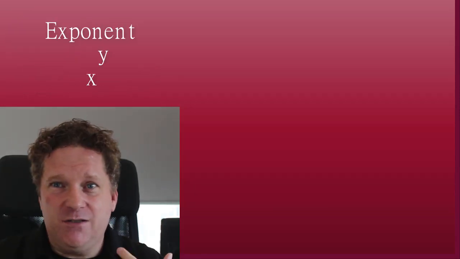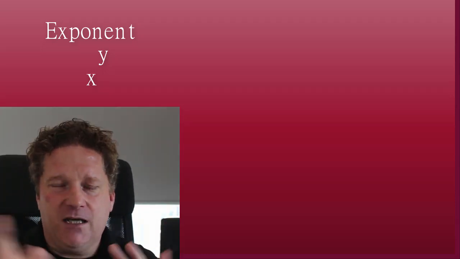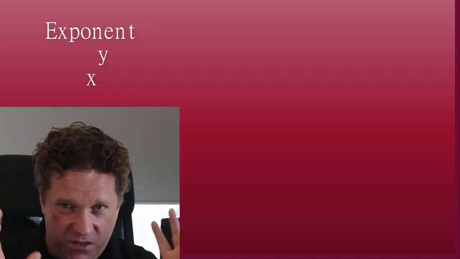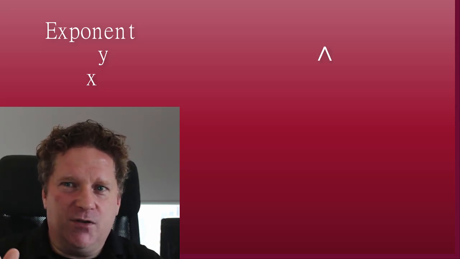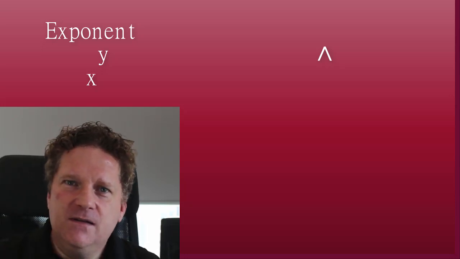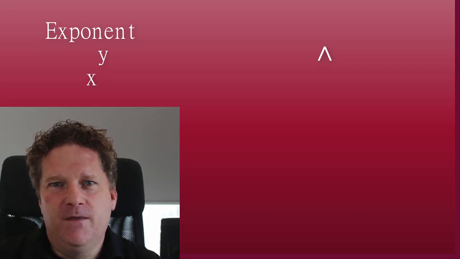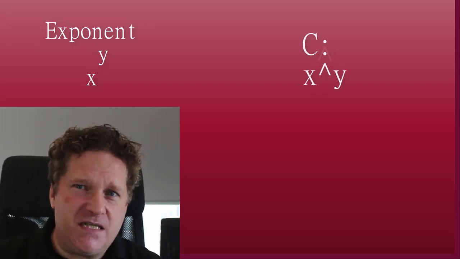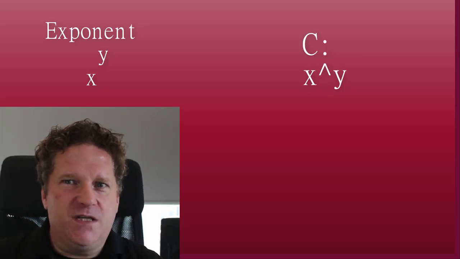Because you're not supposed to use programming language codes, and you're not supposed to use any kind of weird non-standard notation. It's supposed to be perfectly clear. But the caret symbol, the little hat over the number 6, that is usually used to mean exponent, because it comes from the C programming language. And we don't use it in Python.